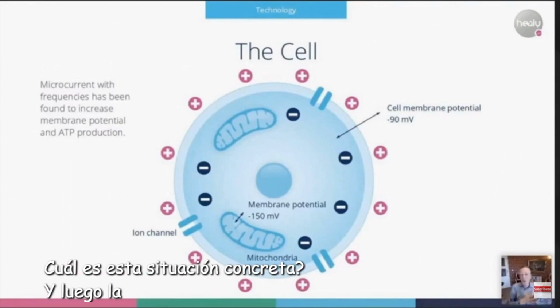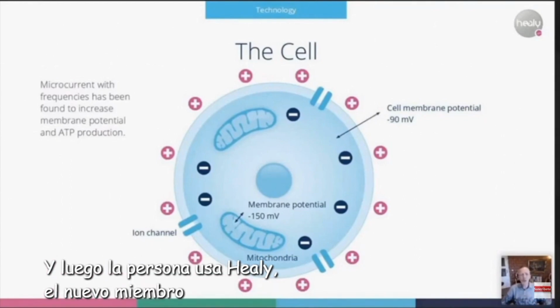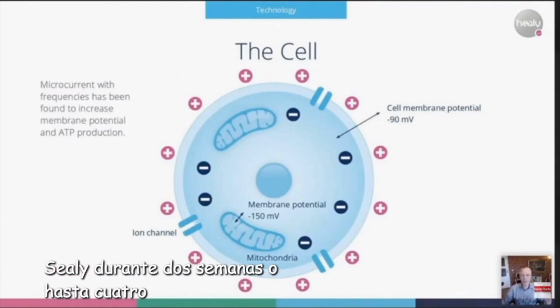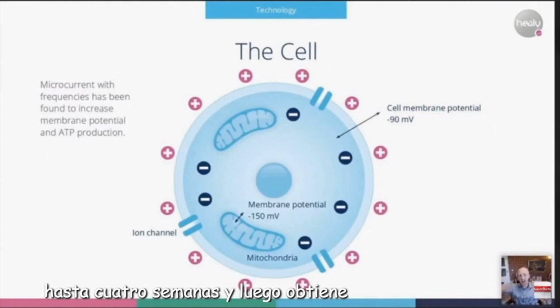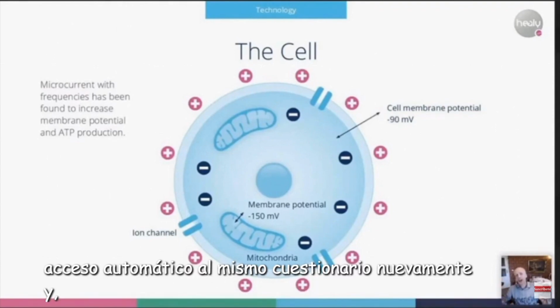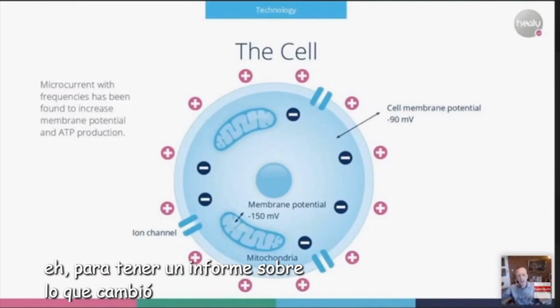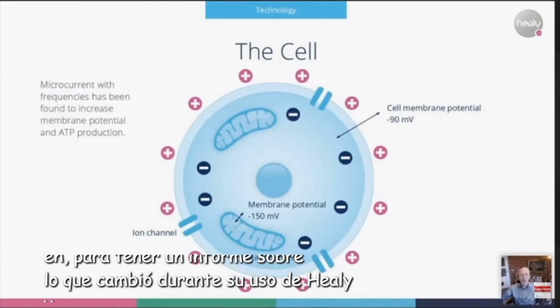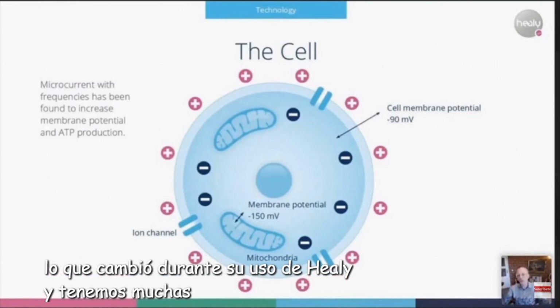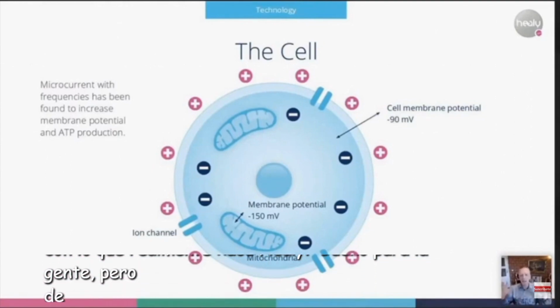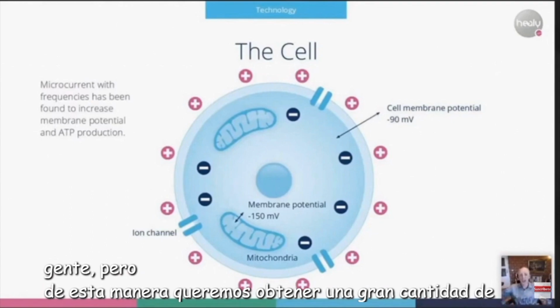And then the new member or new customer uses Healy for 2 weeks or up to 4 weeks, and then they automatically get access to the same questionnaire again, and a report on what changed during their use of Healy. We have lots of experience with what Healy really does for people, but in this way we want to get a lot of data.